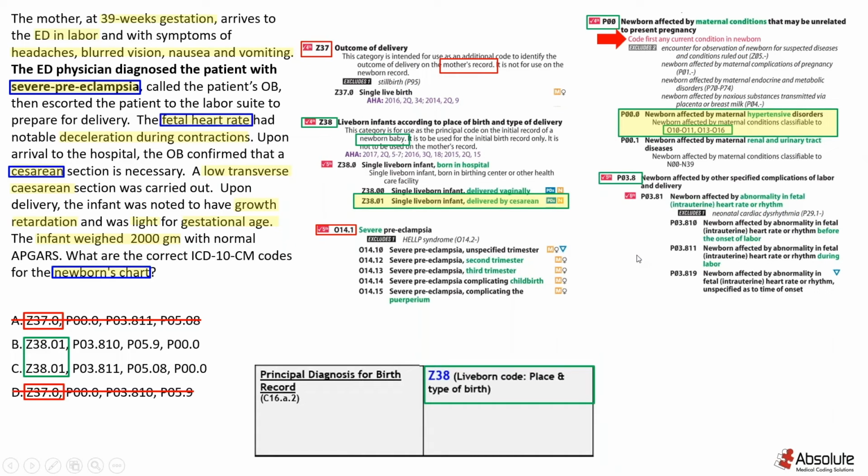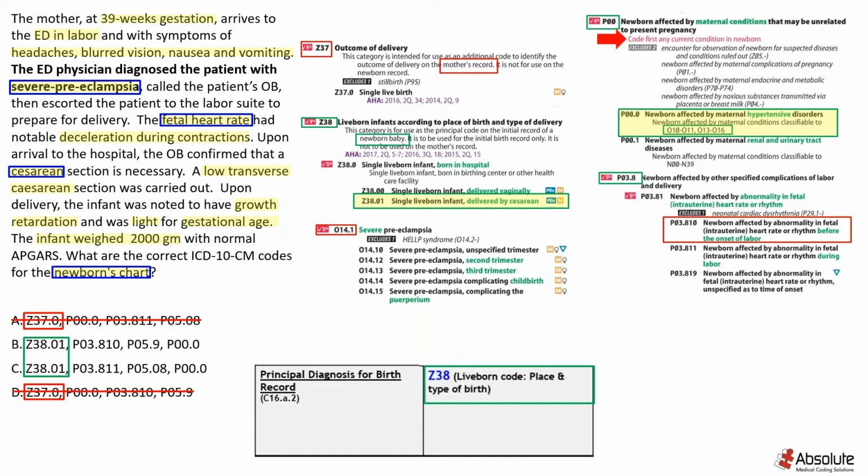P03.810 is coding for a newborn affected by abnormality in fetal heart rate or rhythm before the onset of labor, and P03.811 is coding for a newborn affected by abnormality in fetal heart rate or rhythm during labor. So both differ in those last terms. P03.810 is before the onset of labor, and P03.811 is during the labor, right?